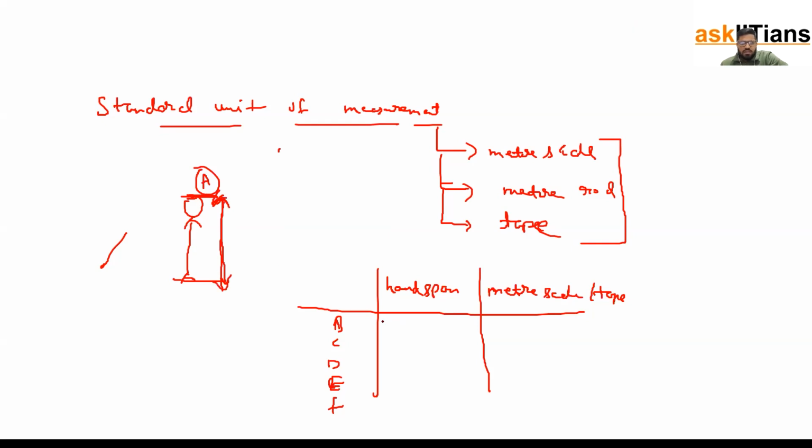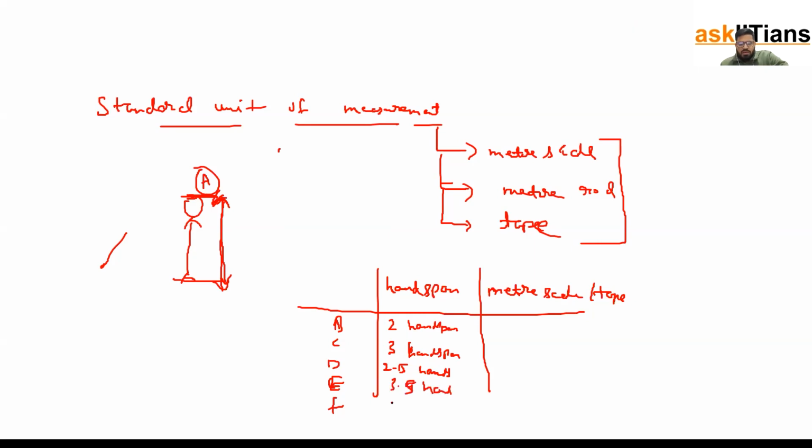Suppose person B reports that he is getting the height of person A as 2 hand span. C is getting 3 hand span. D is getting 2.5 hand span. So what is 2.5 hand span? 2 complete hands and 1 half hand. Suppose E is reporting 3.5 hand span.